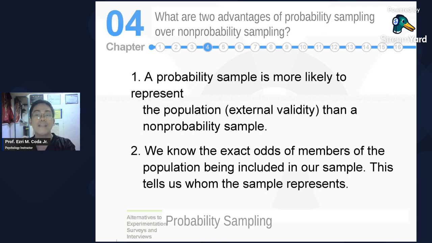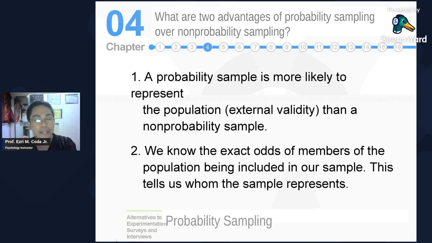Now, what are the two advantages of probability sampling over non-probability sampling? A probability sample is more likely to represent the population, or it will talk about the external validity, than a non-probability sample. So if we use a probability sample, it will represent the population.